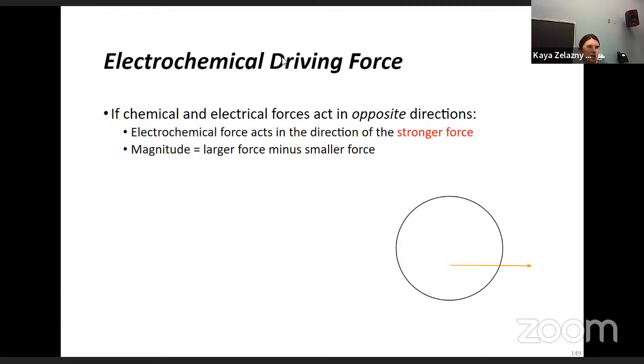Now let's say our electrical driving force is going to point inward. Make it a little smaller. So in this case, where do you think we would draw that red arrow, that electrochemical driving force? Is it going to go in or is it going to go out?